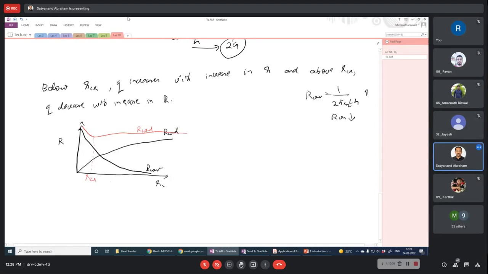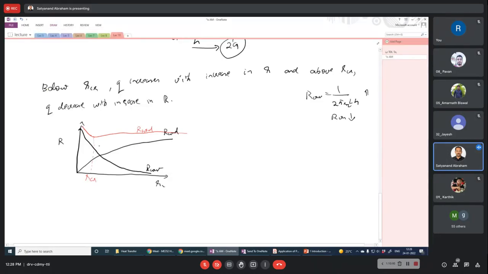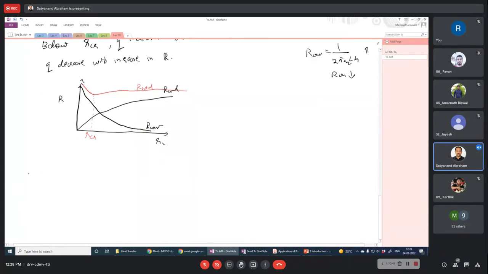So this is what happens for this condition, and that's why we have a critical radius.